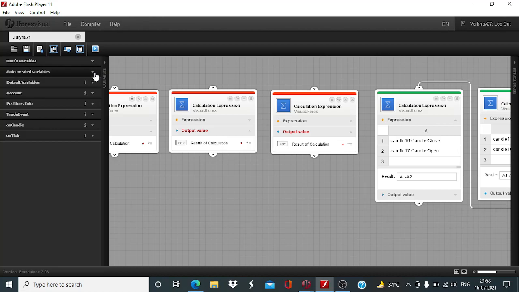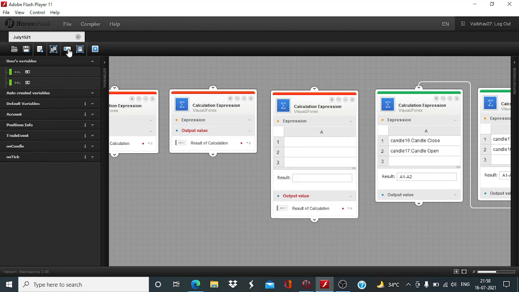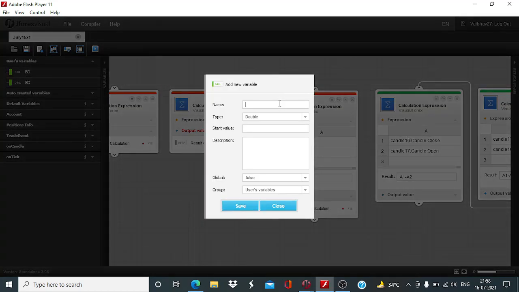Users variable, autocreate it. I will create a new one, and I will give it a value of 10 pips.